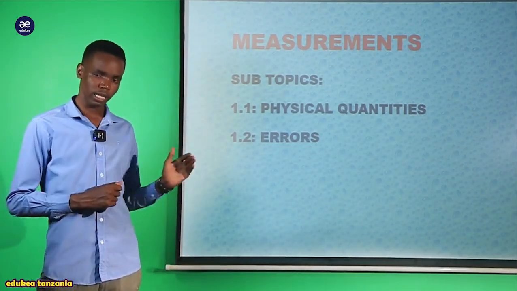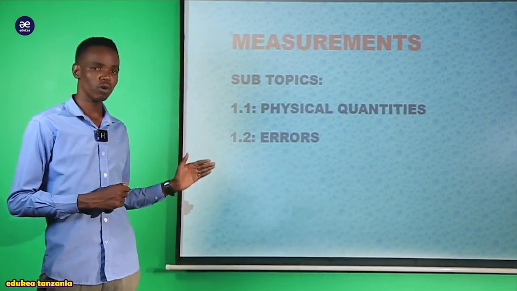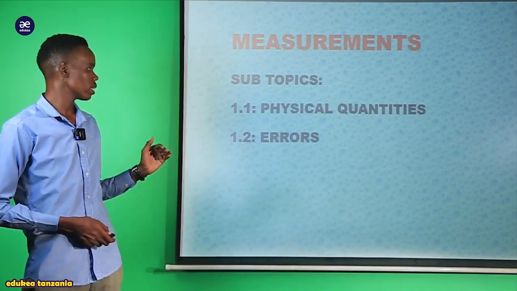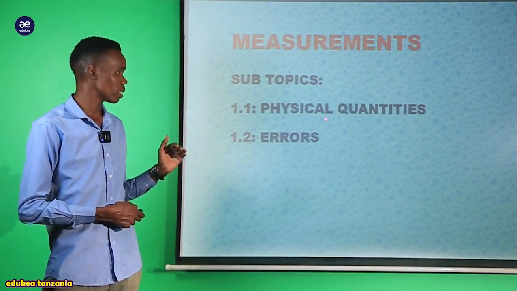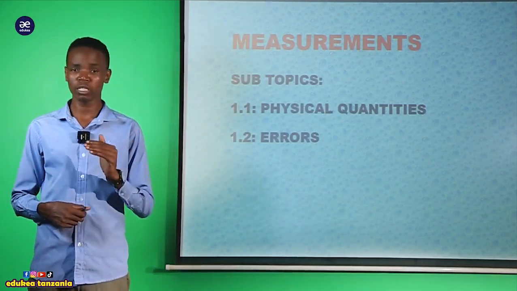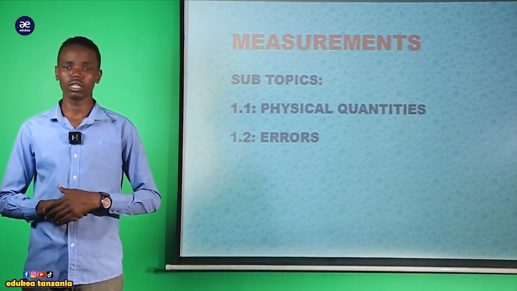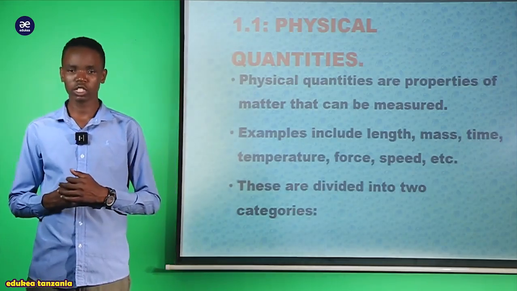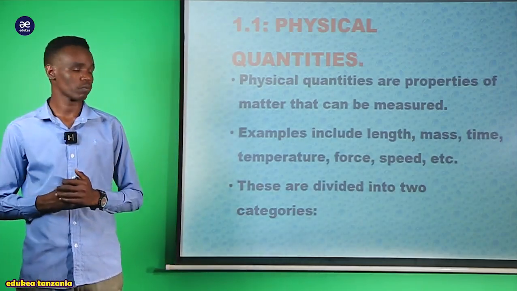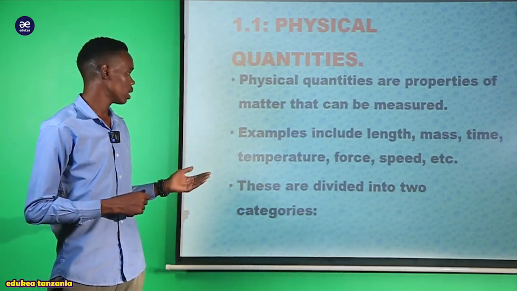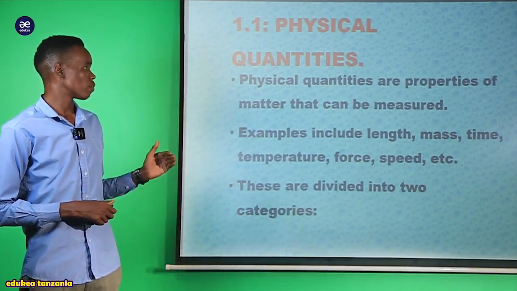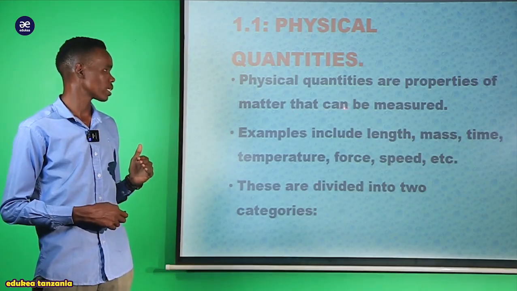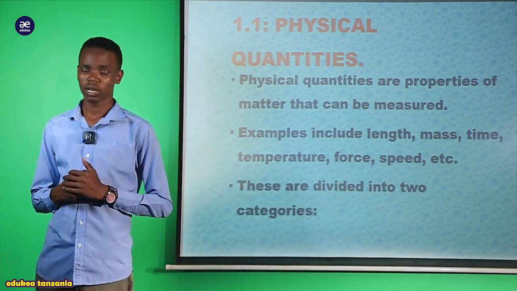So after getting the concept or overview of this topic, my dear student, let us start the first subtopic of measurements, which is called physical quantities. Let us see the definition. As you can see here, physical quantities are the properties of matter that can be measured.